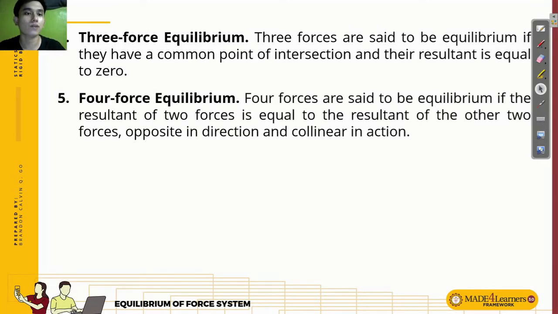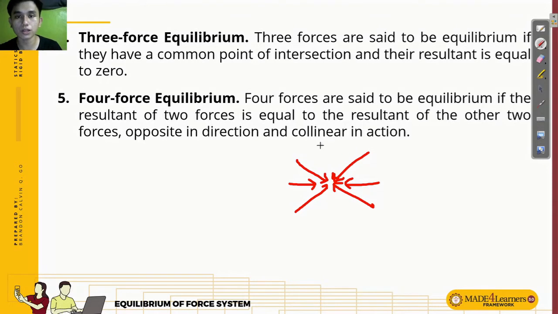Next, we have four-force equilibrium. Four forces are said to be in equilibrium if the resultant of two forces is equal to the resultant of the other two forces, opposite in direction and collinear in action. So, for example, the resultant of this side is equal to the resultant of the other side, then opposite in direction.